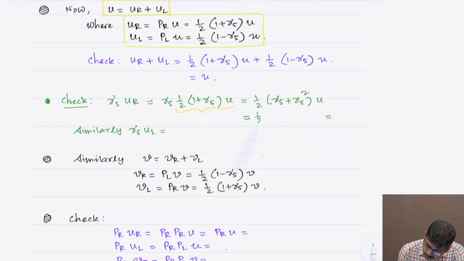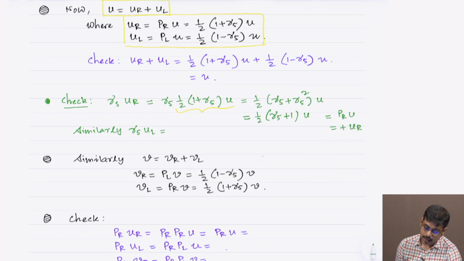So, this is essentially half into gamma 5 plus 1 into u, and this quantity is nothing but PR into u, and that is nothing but UR itself. So, this is showing that UR is an eigenstate of gamma 5 with eigenvalue of plus 1.